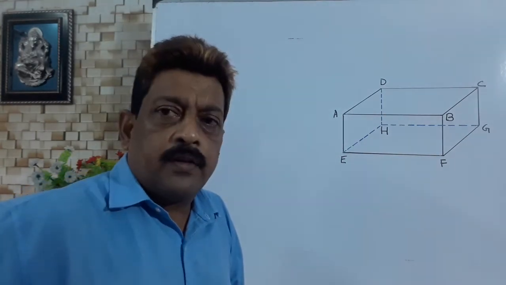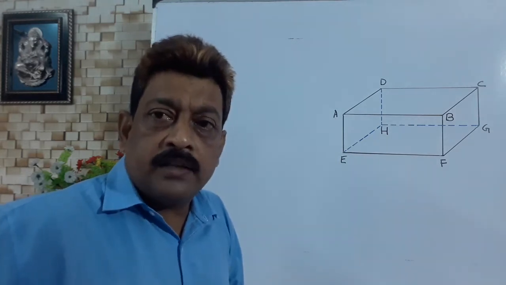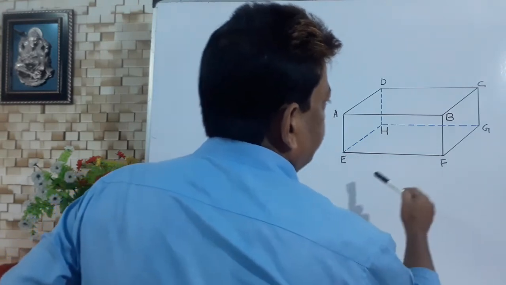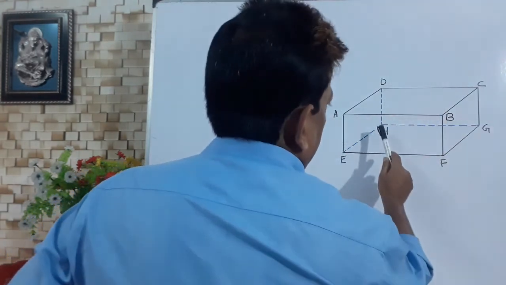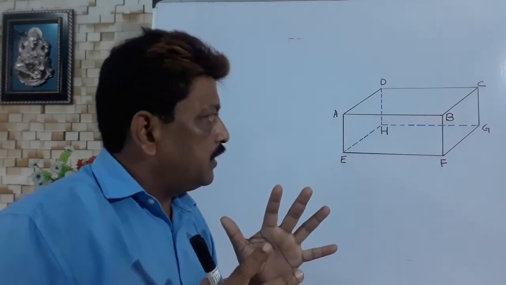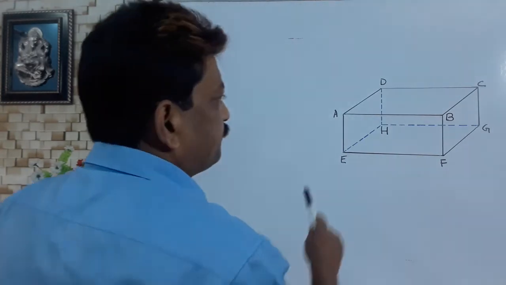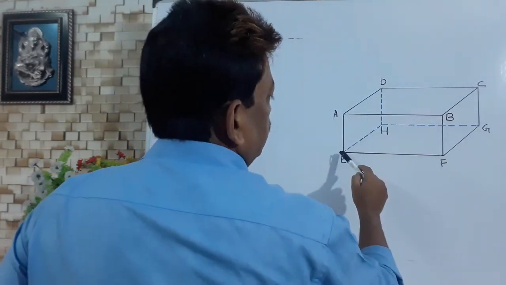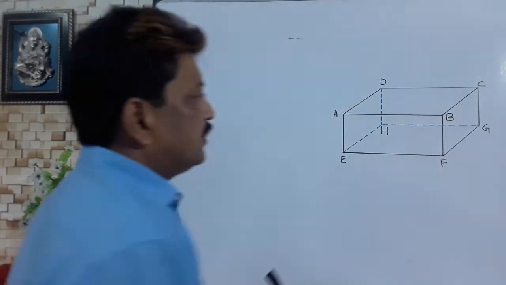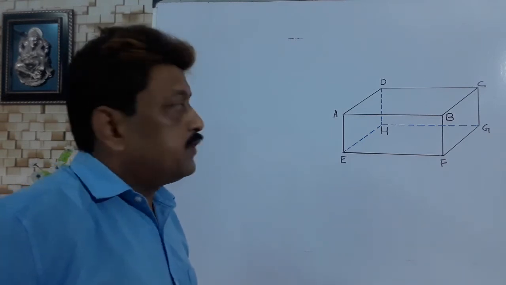As you can see, there are 4 line segments which are known as the lengths, that is AB, EF, BC and HG. These are the edges which are equal to the length of the solid. Similarly, AB, then EH, BC and FG, these line segments are equal to the breadth or width of the solid.